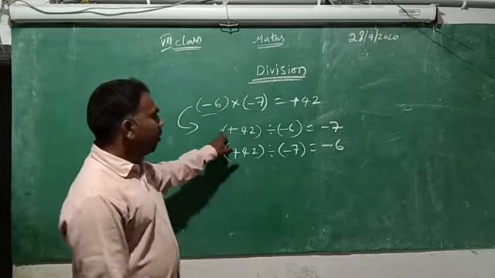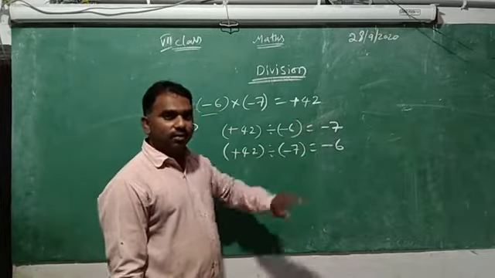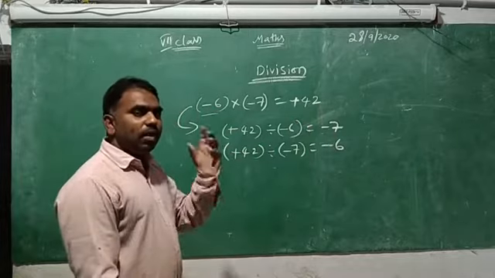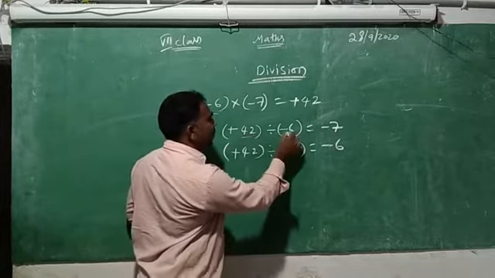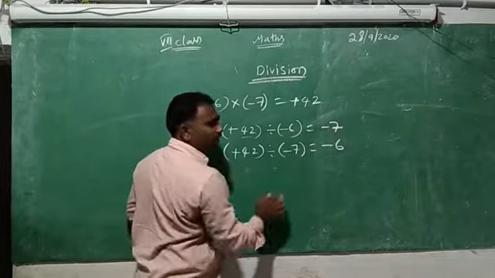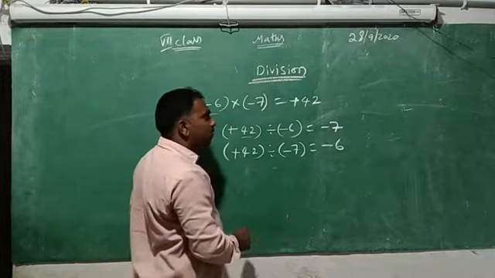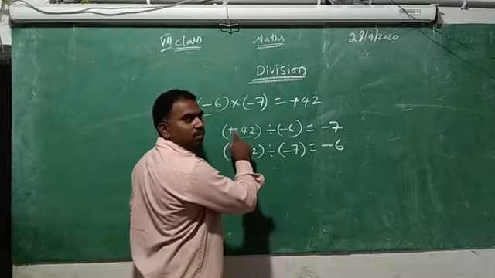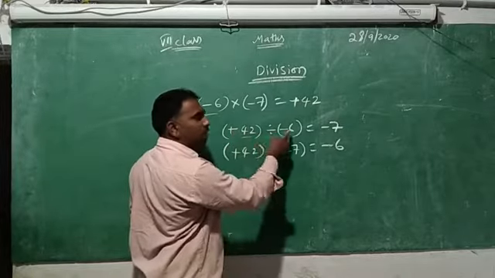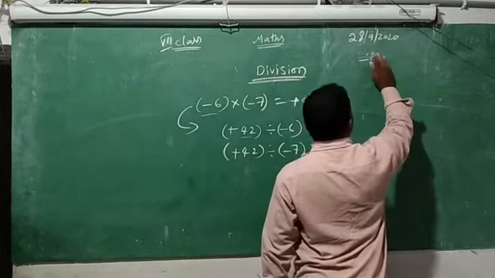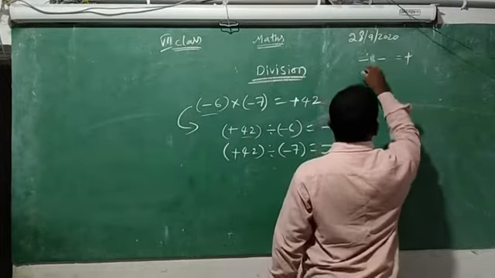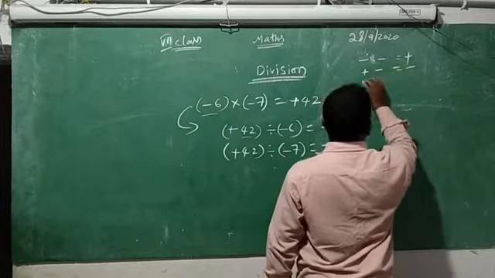Okay, so this is the way of doing the divisions. Finally, one method you are getting here. You observe how we are getting 42 divided by 6. 6 times 7 is 42, that's why the answer is 7. How are you getting the symbol? Here also it is the same: the multiplication symbols combination. Minus and minus will become plus. Plus and minus will become minus.